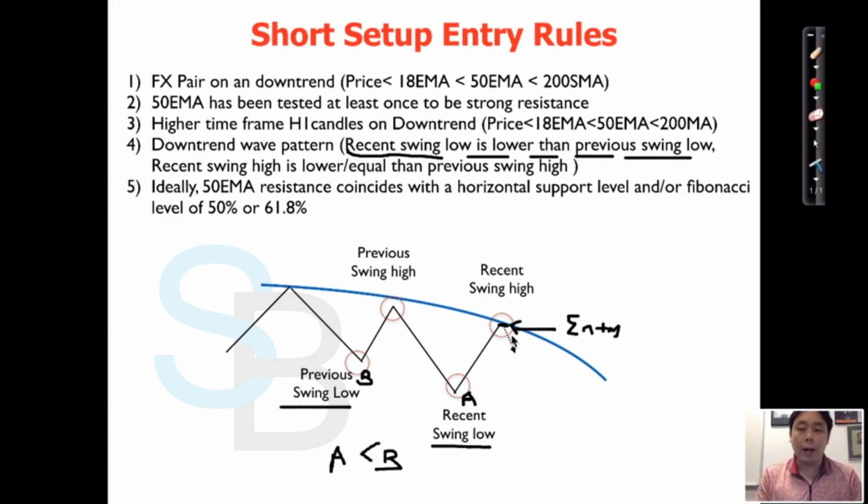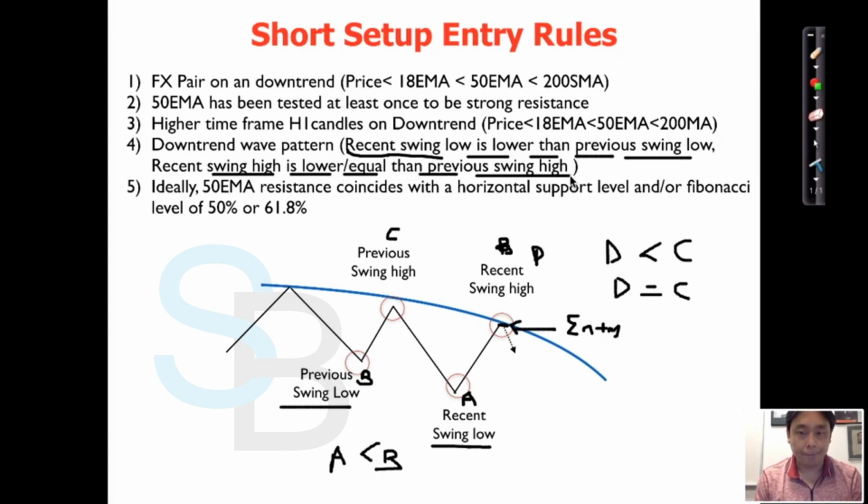So the recent swing high must be lower than the previous swing high, so lower highs. So again, if you call this C, and you call this D, for example, D has to be lower than C or equal to C, right? But D cannot be higher than C, very important, okay? So the swing high is lower or equal to the previous swing high.